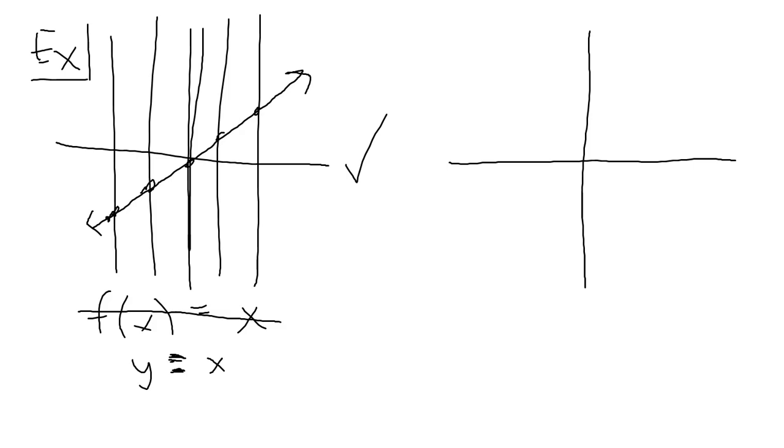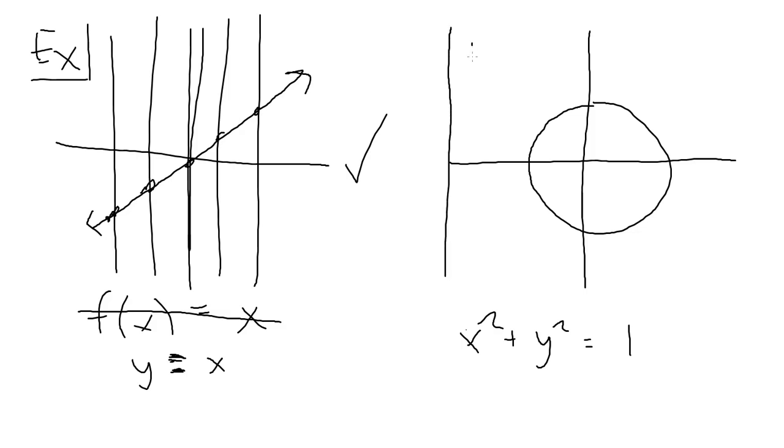But in this example, one thing that's not a function is if we had x squared plus y squared equals 1, the circle of radius 1. This is not a function because over here it looks good. It's passing the vertical line test right here. All right, looks like we only got 1 point, so we're good.